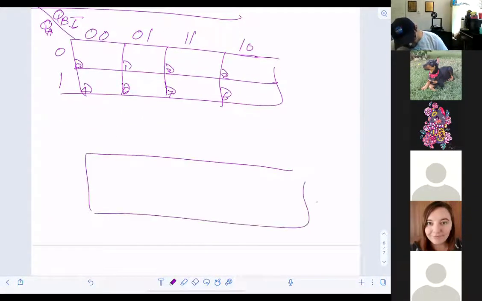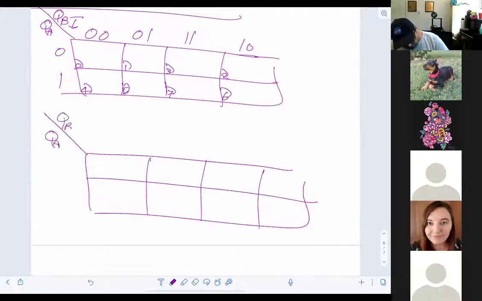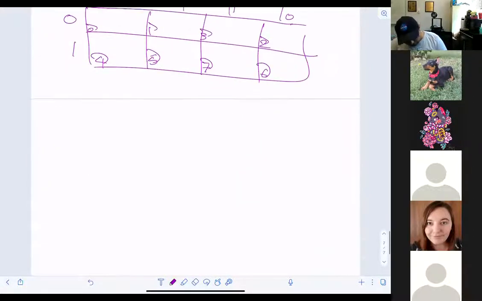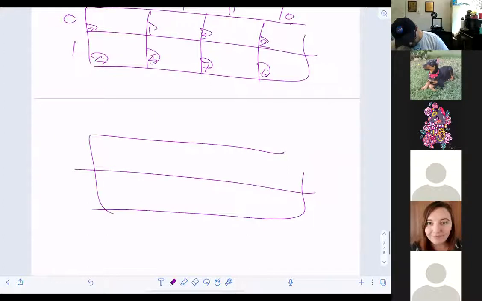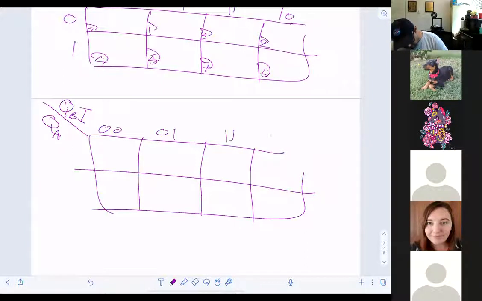Then another one, the second, with QA QB I and the same layout. The third one, QA QB I, 0 0 0 1 1 1 1 0 0 1 0 1 3 2 4 5 7 6.